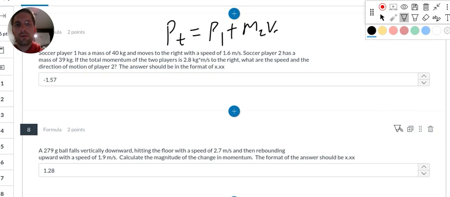We'll do this momentum, because momentum is mass times V, and we'll say that 2 is soccer player number 2 and 1 is soccer player number 1. So this is the total momentum of the soccer players, 2.8.